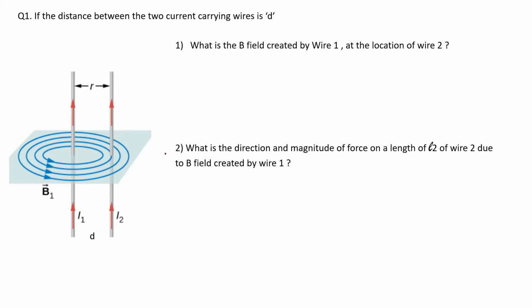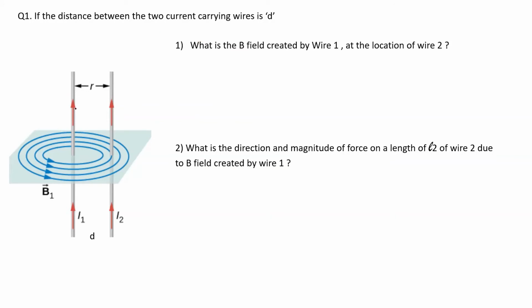Remember, I was asking you to find the force on the electron due to a current carrying wire. This is a very similar one, but here we have two wires. This is an extremely common example that they ask in the exams.